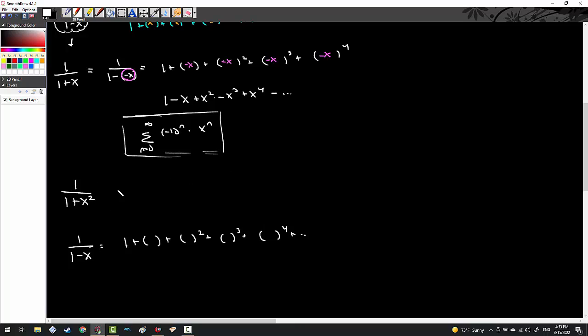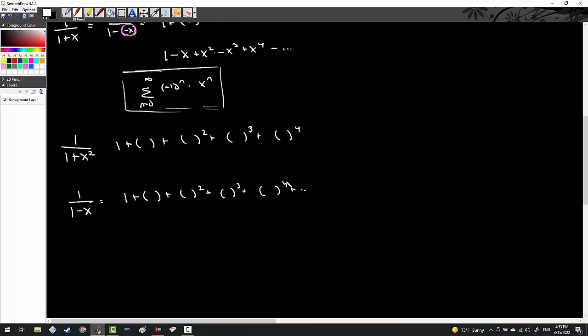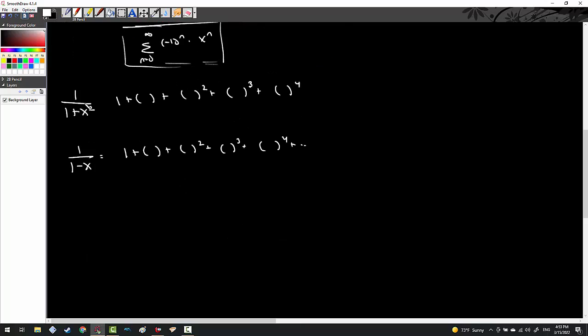This one is going to be the same thing. And so I just have to figure out how I can turn this 1 over 1 plus x squared into the image of 1 over 1 minus x. So how do I do that?